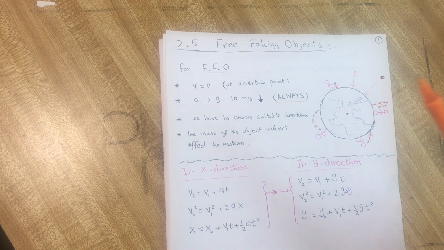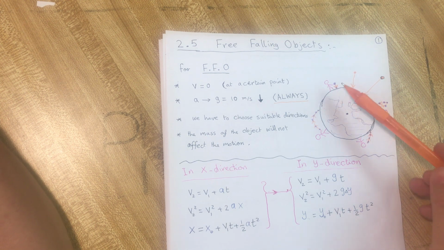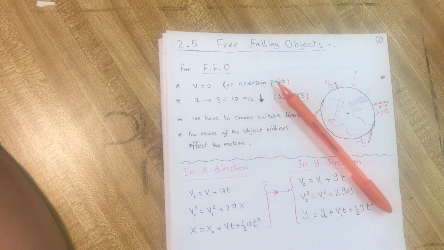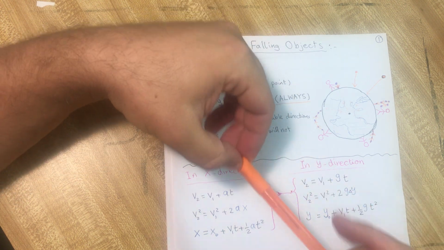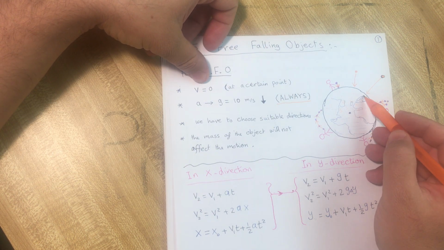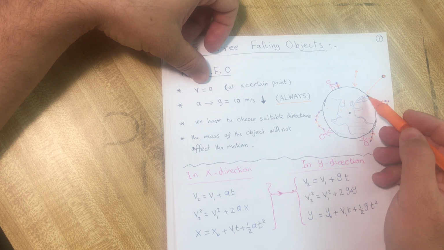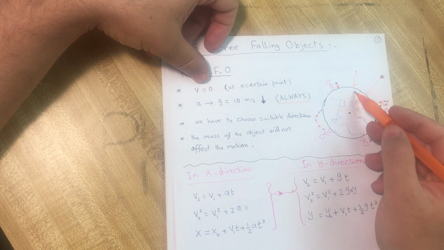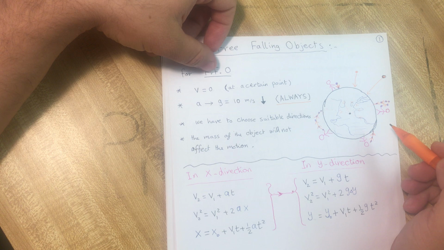For a free falling object, any object falling downward freely, if I throw it or just leave it to go downward, all the falling objects go toward the center of the earth. The direction of this falling is toward the center of the earth.